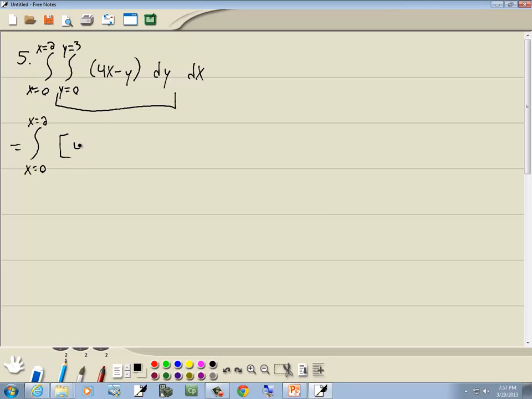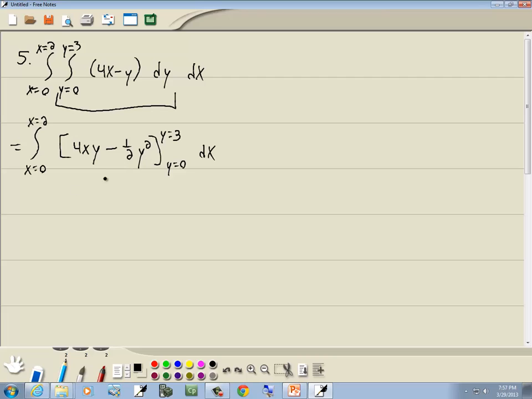So this becomes 4xy. Again, if you just had a single number here, like 7, then all you do is add a y. And that's what we did here. Minus y, this is y to the first, so we'll add 1 to our power, divide by our new power. So that's 1/2 y squared. And from y is equal to 0 to y is equal to 3.